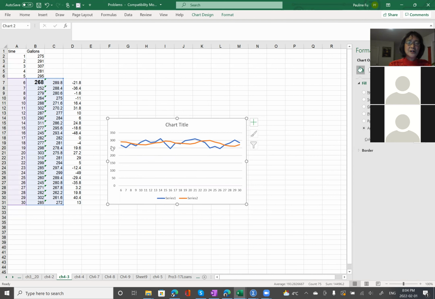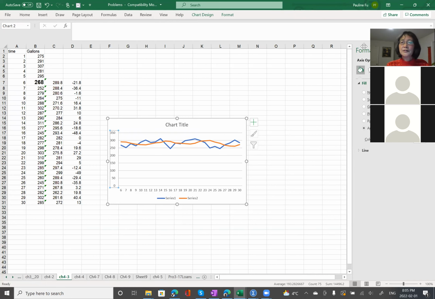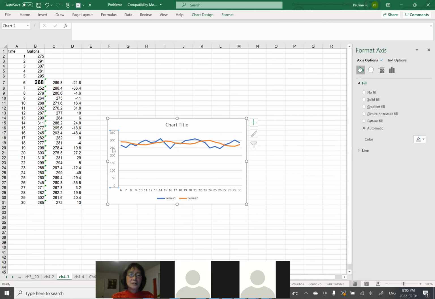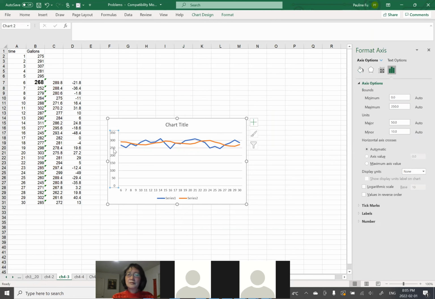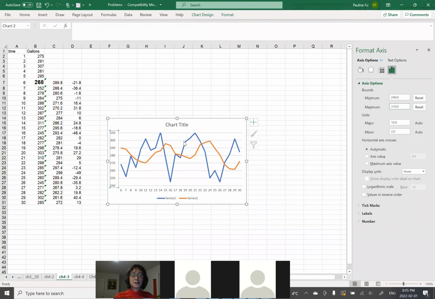If you change the maximum and the minimum number for this y-axis, so double click this y-axis, minimum 240 and the maximum 310, you can see it's a better representation.